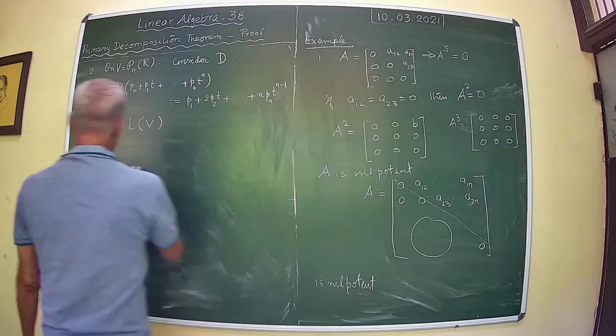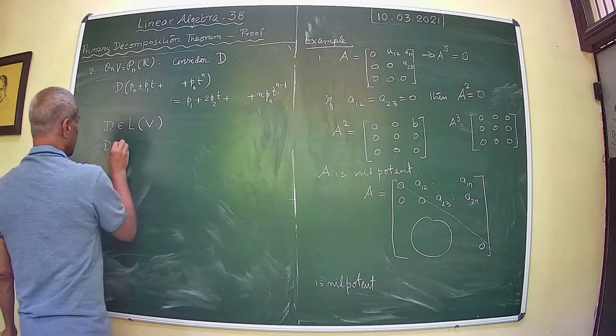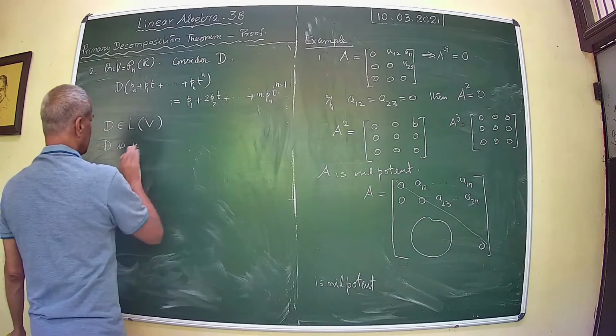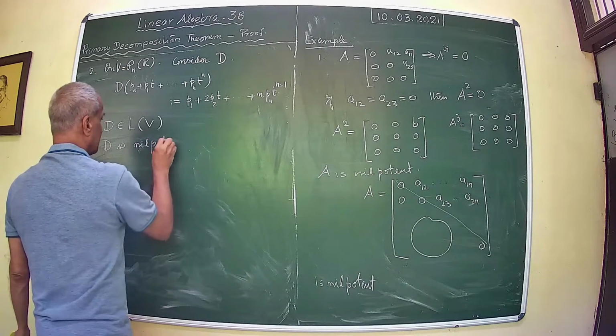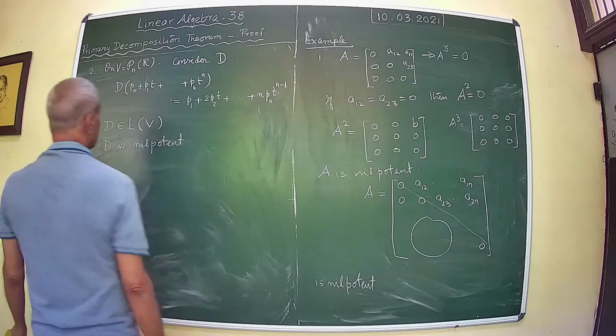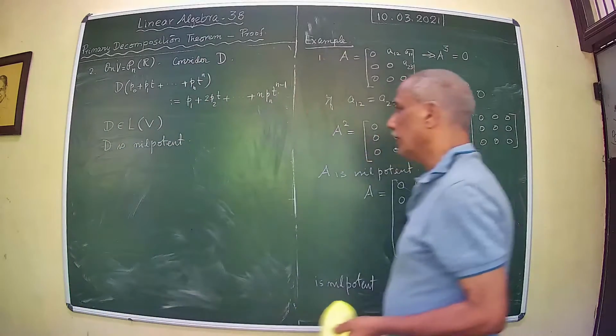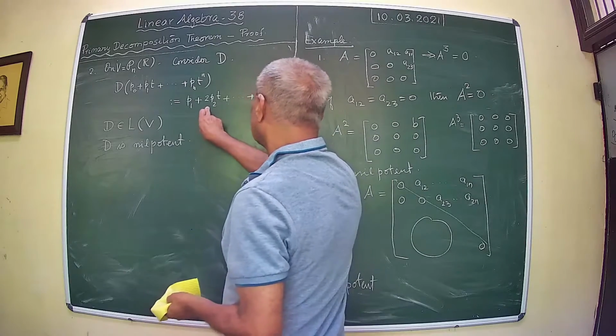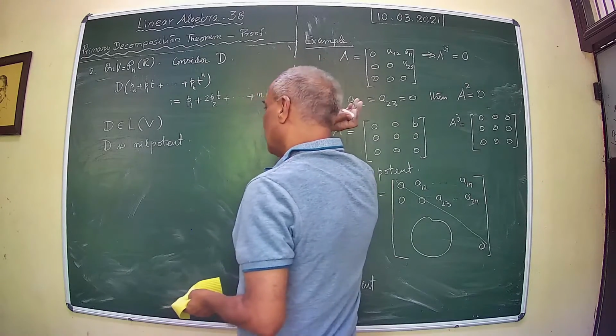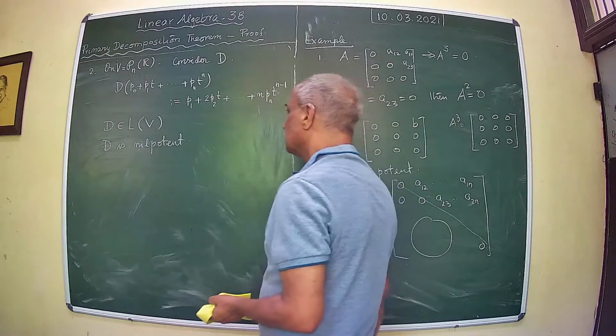Well, you see that if you take D square, then it's a polynomial of degree n minus 2.